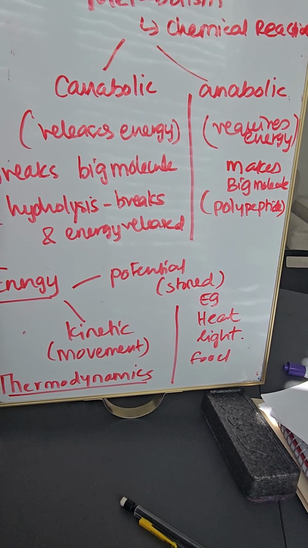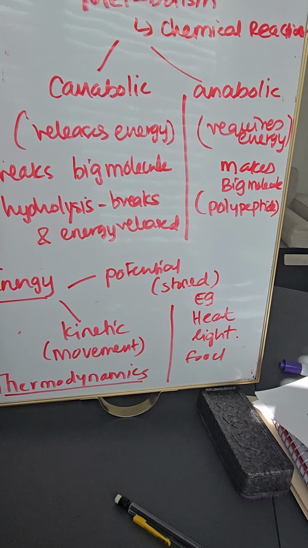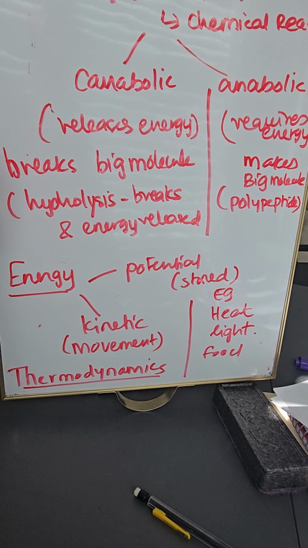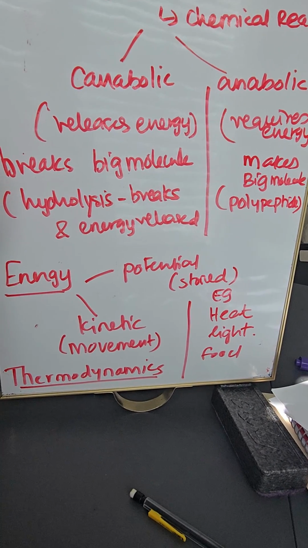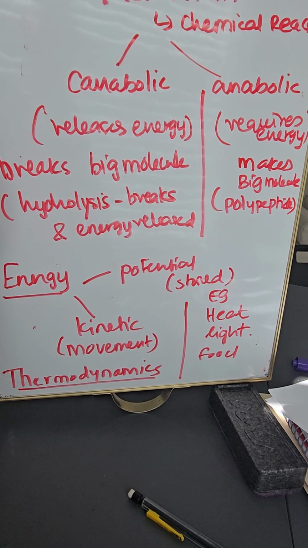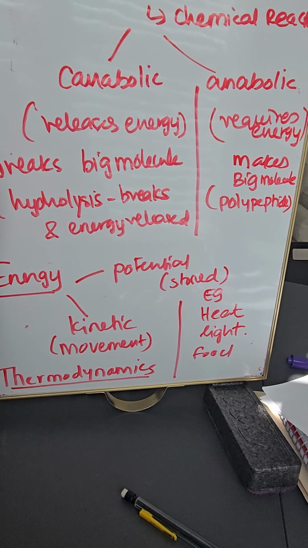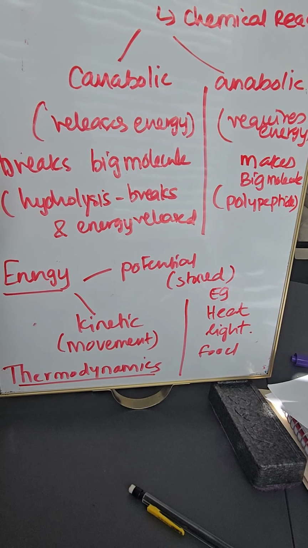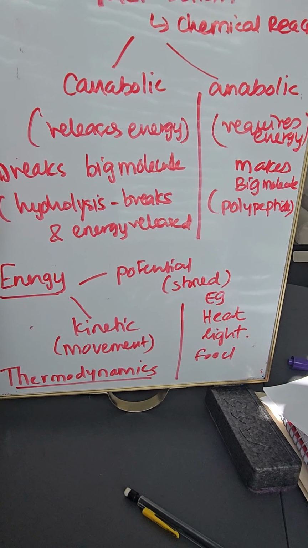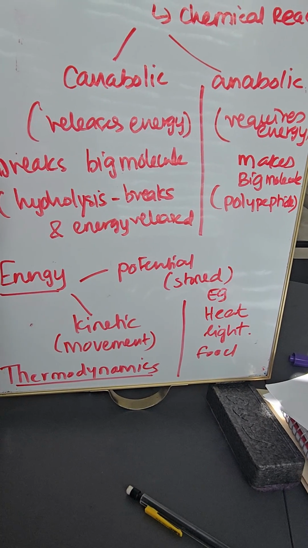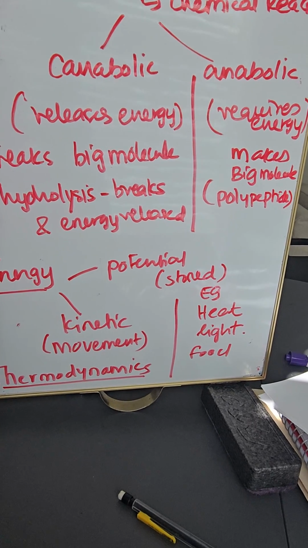So if it's a muscle moving, or for example a bear eats a fish, the chemical energy from the fish, which is a stored potential energy, will be used for the bear's movement, which is going to be kinetic. So in this one, it is converting from chemical potential to kinetic.